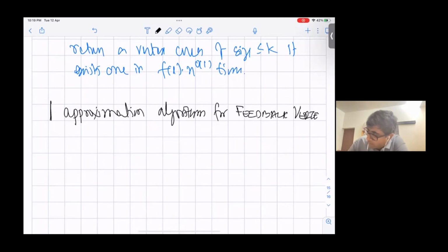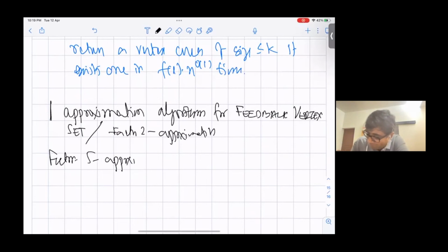In fact, there is a factor 2 approximation, but what we made is some factor 5 approximation, or even worse, actually some 7.